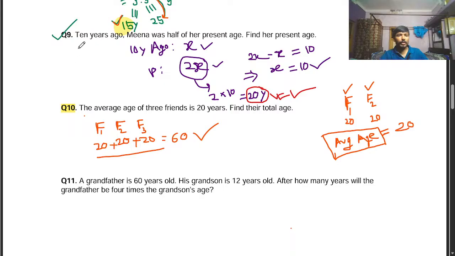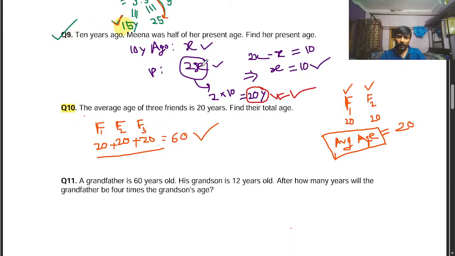Then we're moving to the next question. 10 years ago, Mina was half of her present age. Find her present age. If present age is 2x, we write it 2x so that there is no fraction, because calculation will be easy.